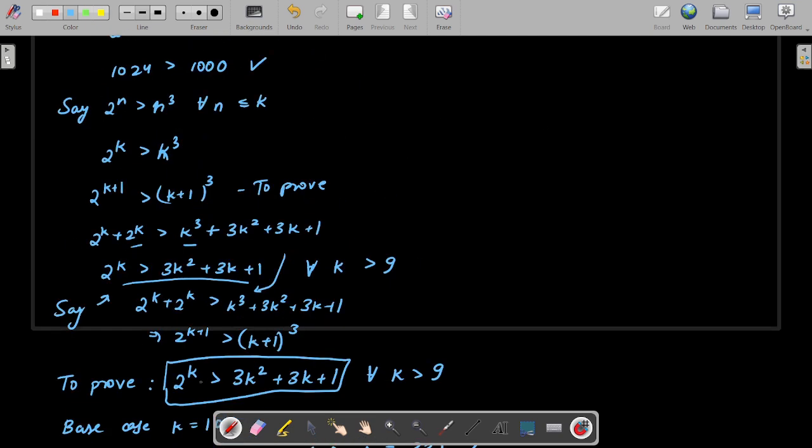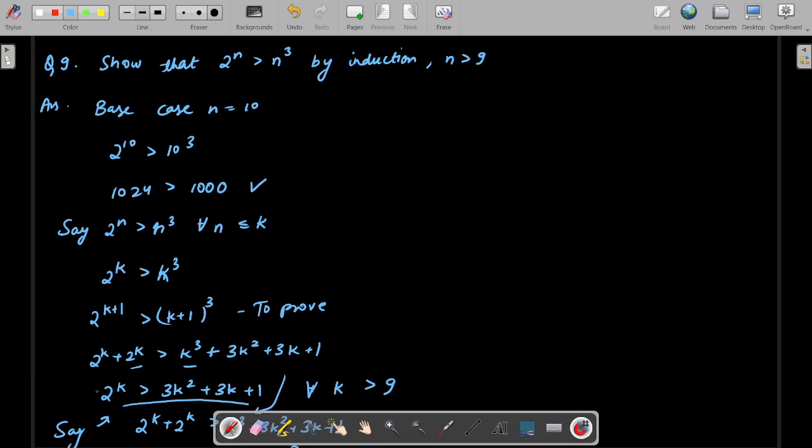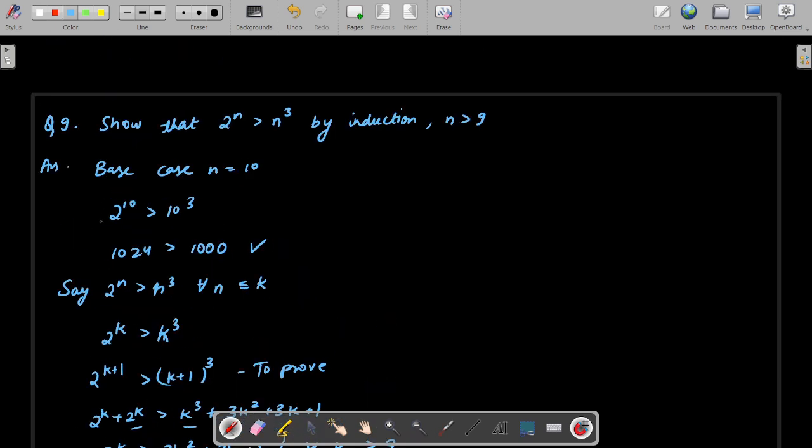And this in turn was required to prove that 2 to the power n is greater than n cube for all n, basically this part of the question. So we've proved by mathematical induction that 2 to the power n is greater than n cube.